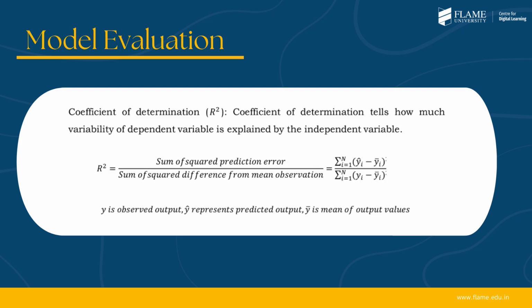In this picture I gave a simple expression for the R square calculation. Mathematically, it is the ratio of the sum of squared predicted error and the sum of squared difference from the mean observation: the sum of (yi hat minus y bar) squared divided by the sum of (yi minus y bar) squared.